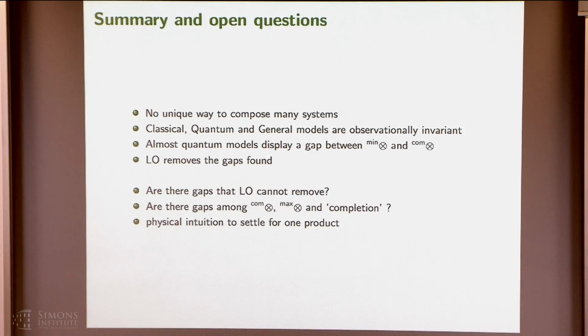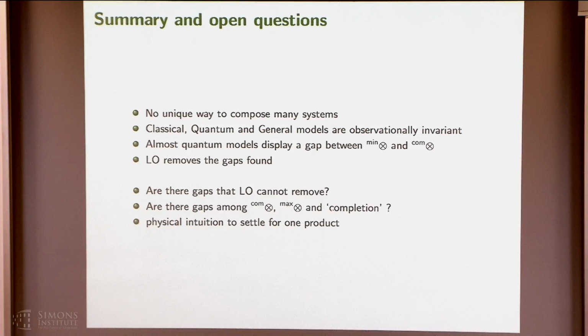Almost quantum models, on the other hand, do not have that property. So if nature was almost quantum, then perhaps you could devise an experiment to see which is the way that nature prefers to compose systems.